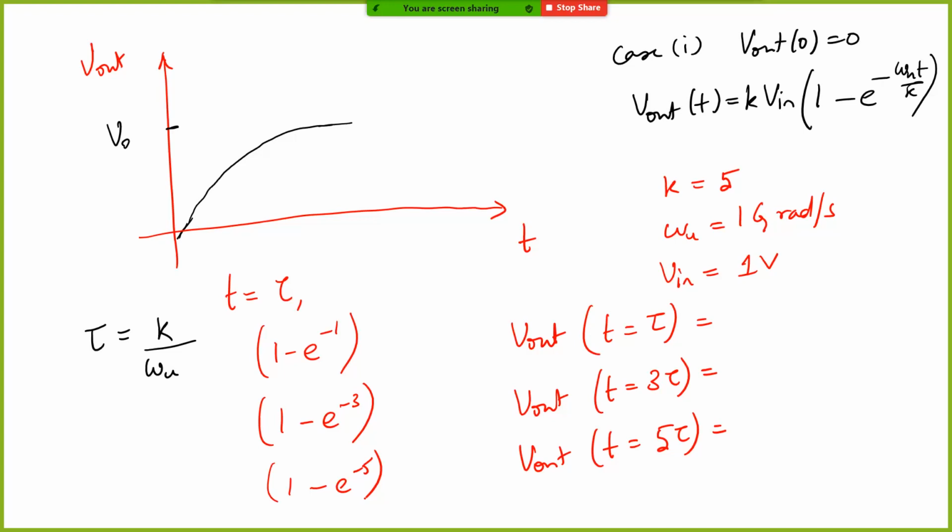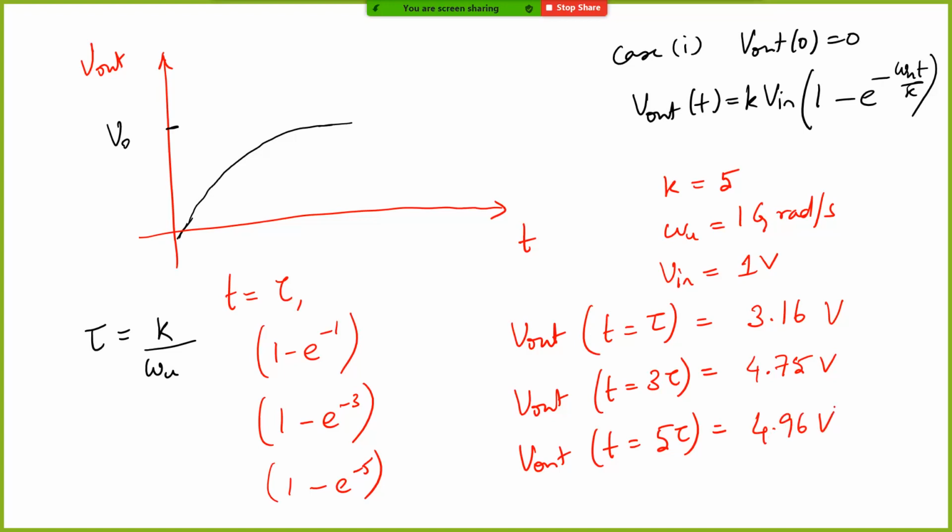At t equal to tau, the value of V output is 3.16. Correct, 3.16. At t equal to 3 tau, the value is 4.75. And t equal to 5 tau, it is 4.96.